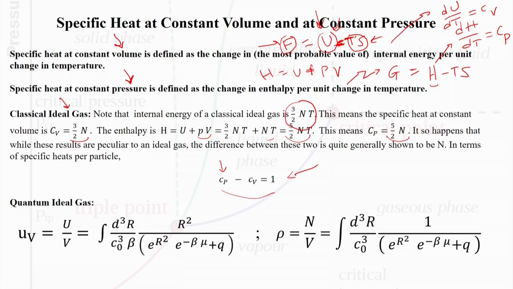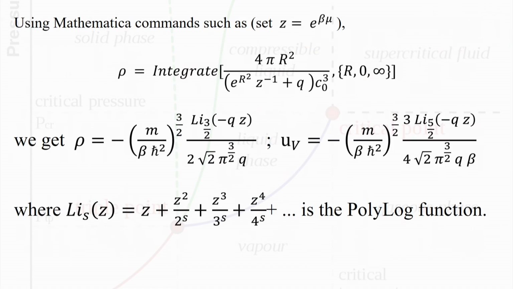Now let us get to quantum ideal gases, and if you recall, I had written down general expressions for the energy density, that is energy per unit volume, and the number density, which is the number per unit volume, of quantum gases. If Q was plus 1, it corresponded to fermions, and Q was minus 1, it corresponded to bosons. Now you could actually go ahead and perform this integration.